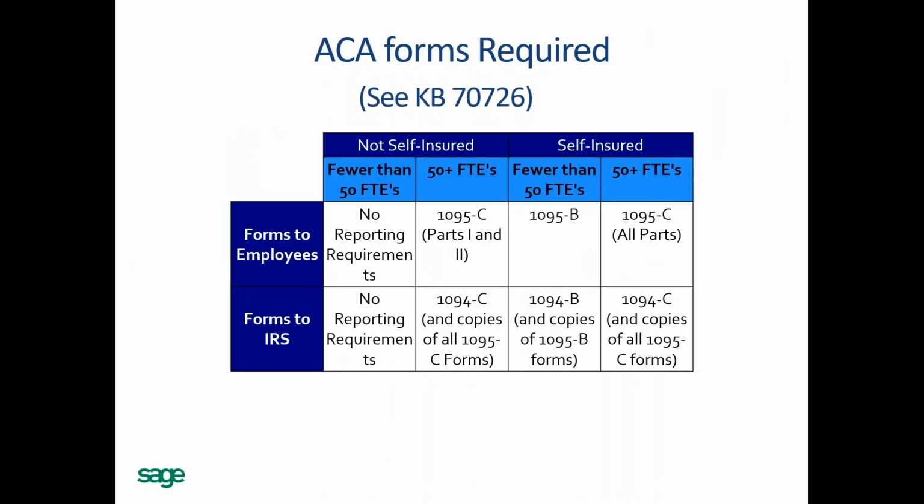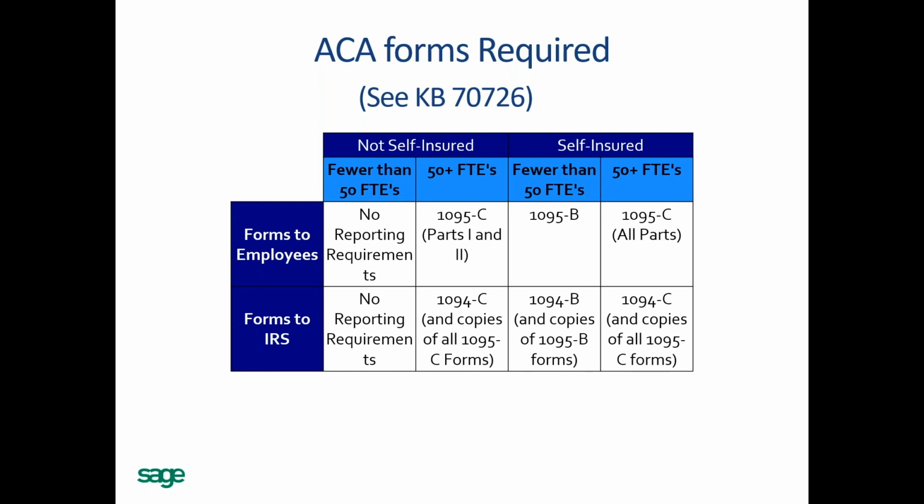All right, the forms for the ACA forms. The 1095 B's and C's and the 1094's B's and C's. Again, I think Aatrix prints those for you.